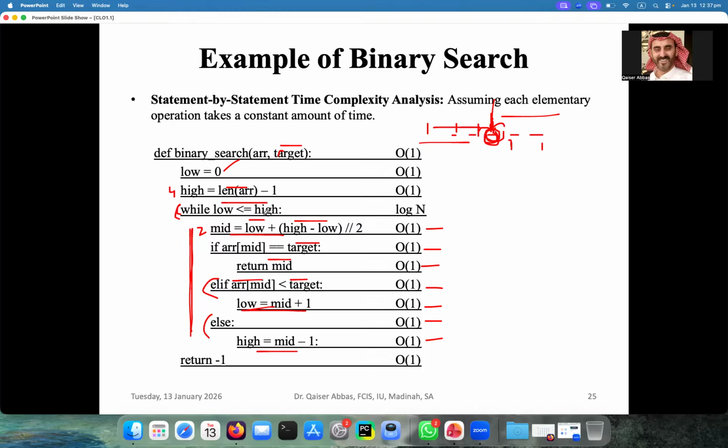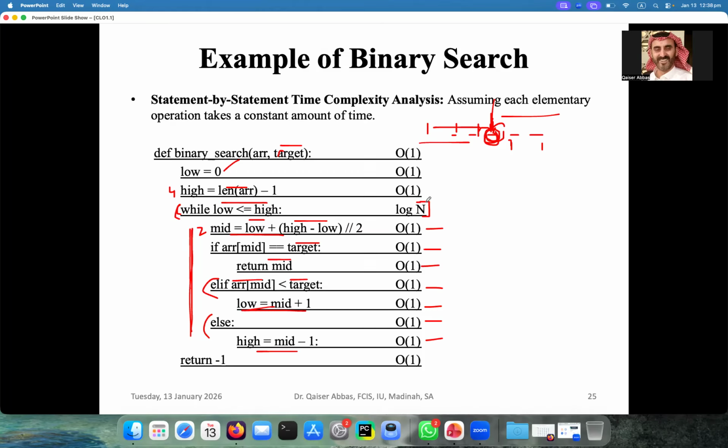When you have this property, then the complexity for that would be log of n. If you take log of 5 base 2, you will get maybe 3. That shows the maximum number of comparisons, 2.5 or 3.